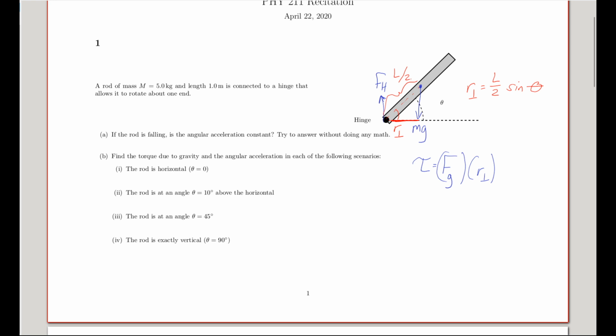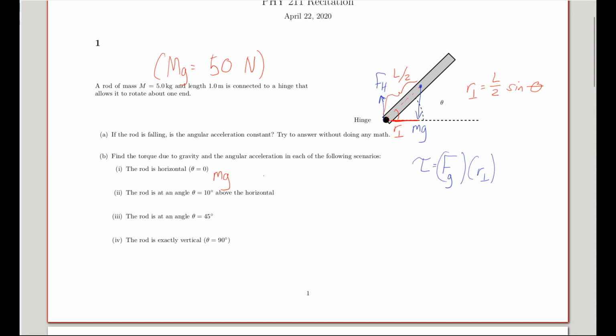So when the rod is horizontal, the force of gravity is just mg, so this is going to be mg times the cosine of 0 degrees, which is just 1, equals mg, which is 50 newtons, 5 kilograms times g. Oh, whoops, I forgot to multiply by the length.